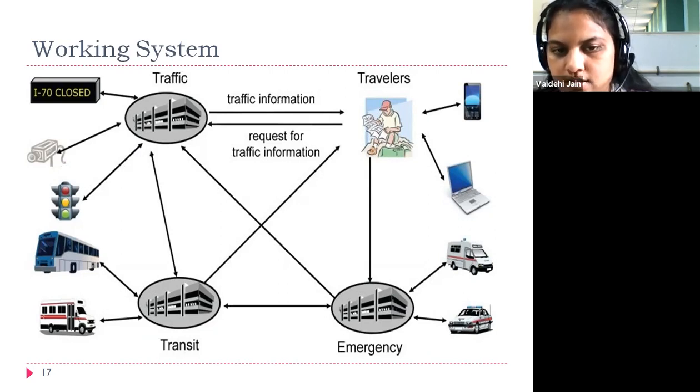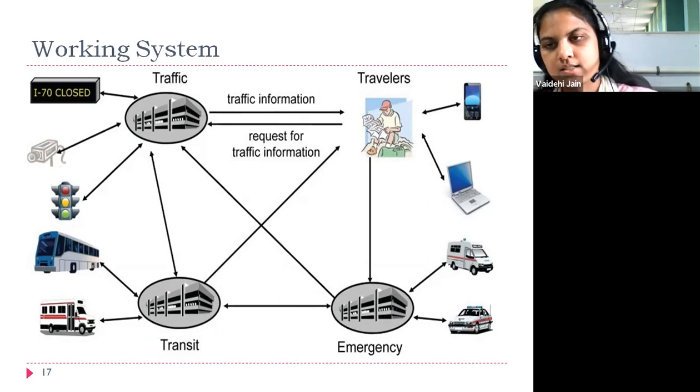So in the working system of ITS, the traveler will ask the station for the information he or she requires, for example a request for traffic information, and the service station will provide that required information to the traveler by any mode, like a mobile device.